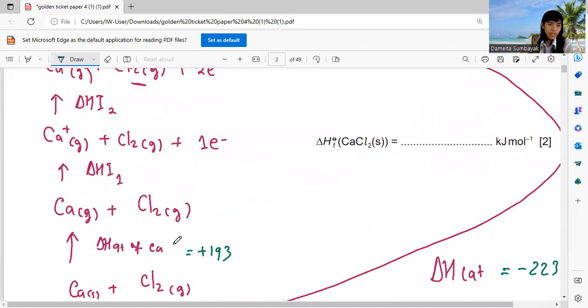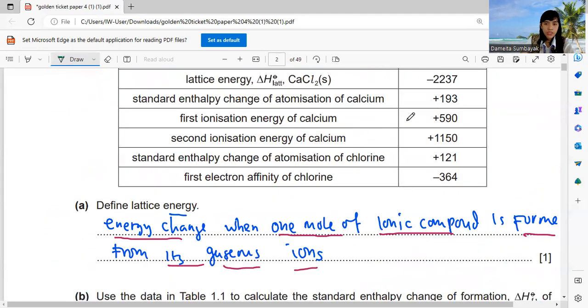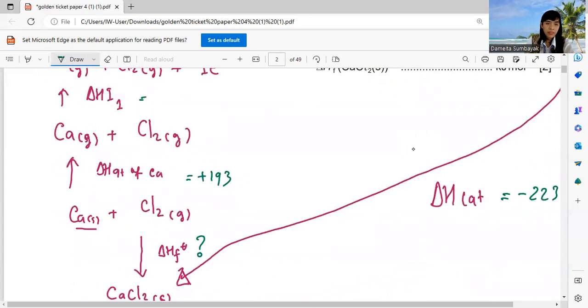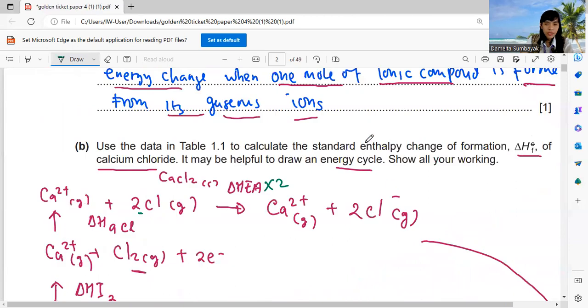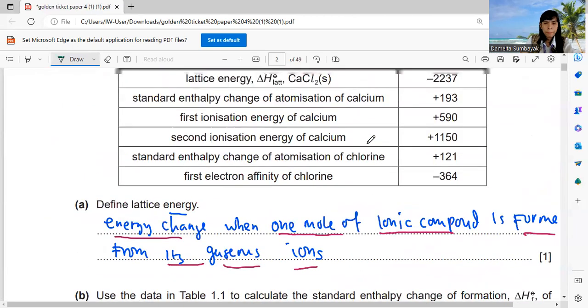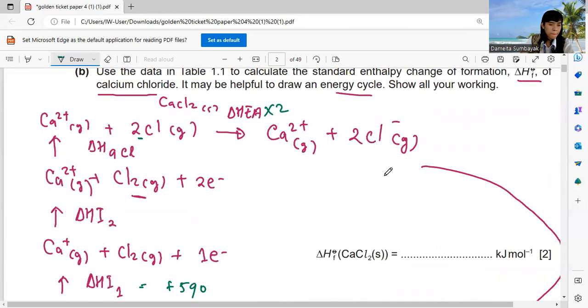And then we have delta H1 ionization. The first ionization energy of calcium is positive 590. And then the second ionization energy we have positive 1150.